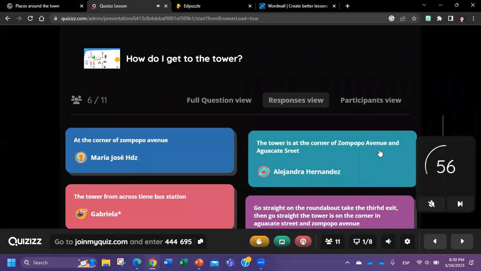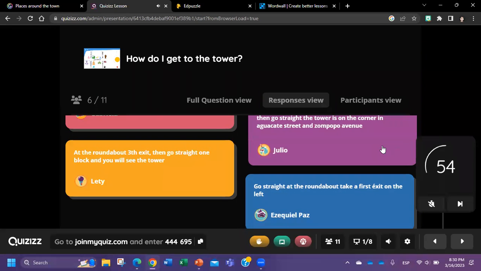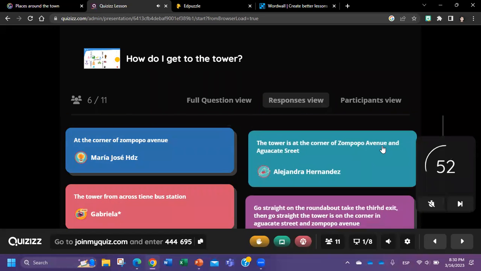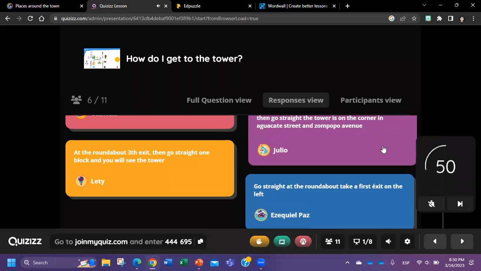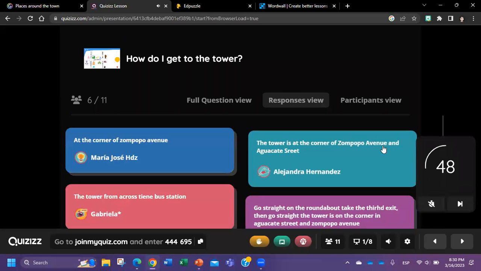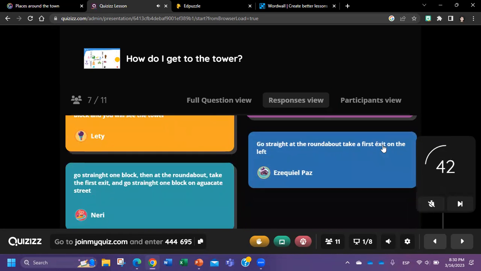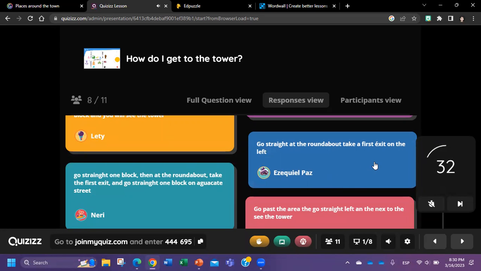Okay, interesting. Okay, we still have a few more seconds. So go straight 1 block, then at the roundabout, take the first exit and go straight 1 block on Aguacate Street. Okay.